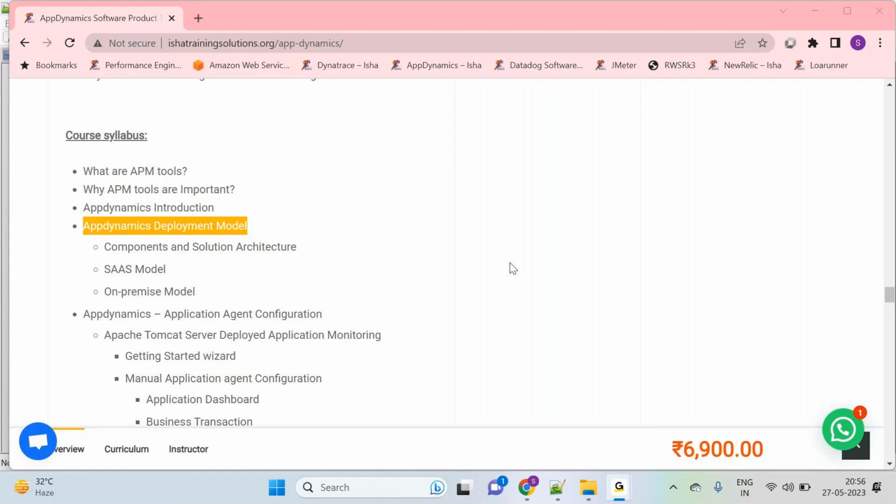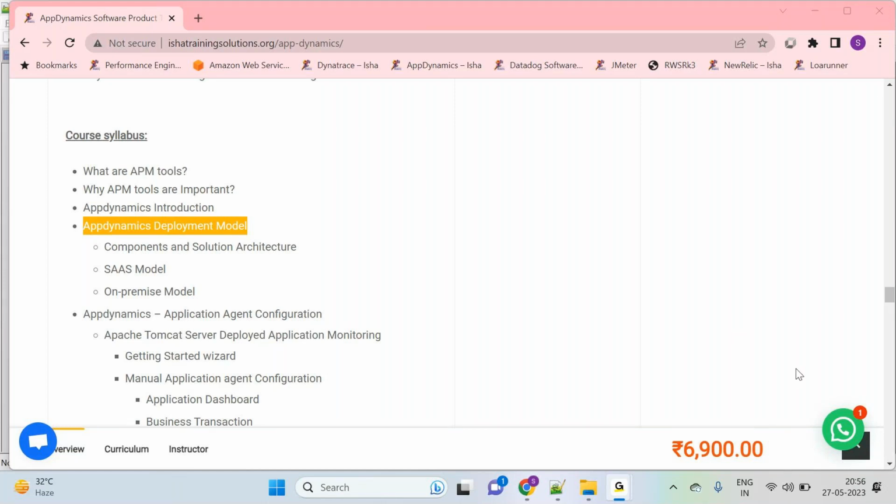There are customers who want to use only the SaaS-based model, and there are people using on-premises. So whether SaaS-based or on-premises, it's up to the customer's interest, and based on that we are going to implement this.